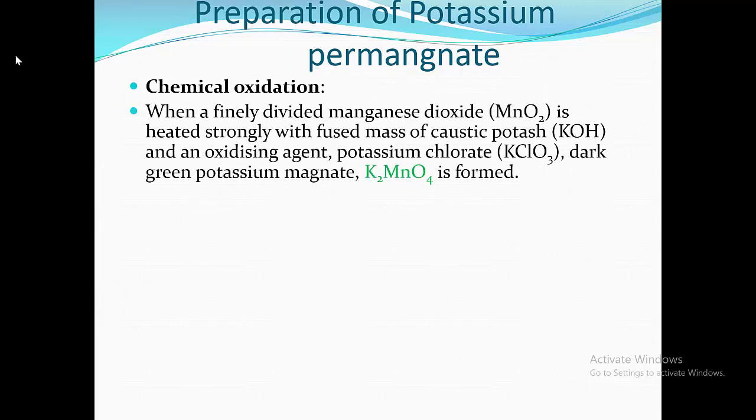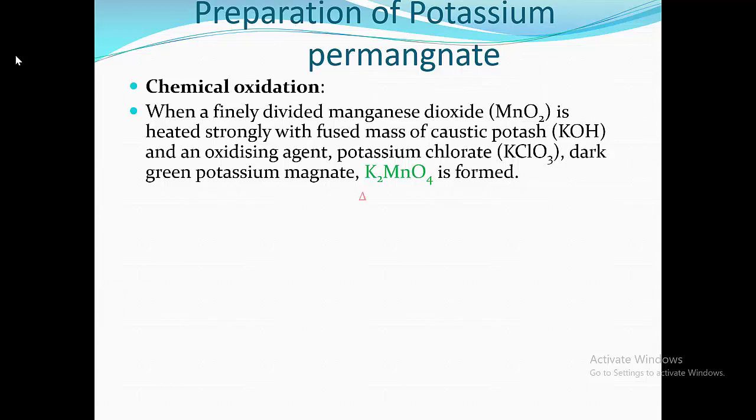The ore used is manganese dioxide, that is MnO2. When finely divided manganese dioxide is heated strongly with a fused mass of caustic potash and an oxidizing agent, potassium chlorate, dark green potassium manganate, that is K2MnO4, is formed. In this reaction, potassium chlorate is used as an oxidizing agent.